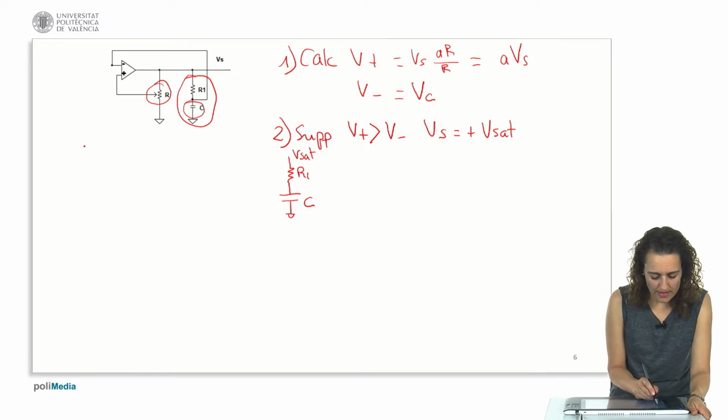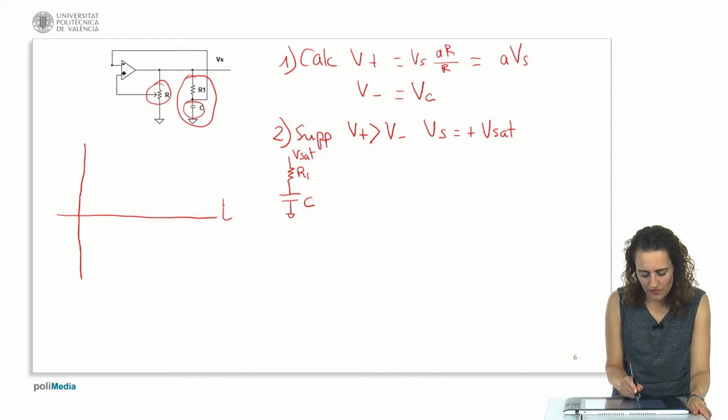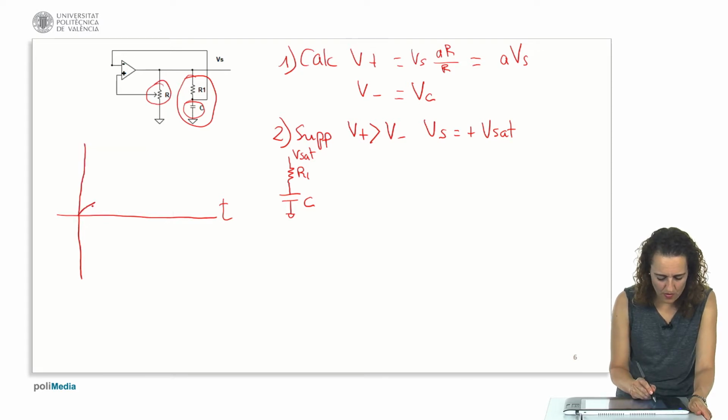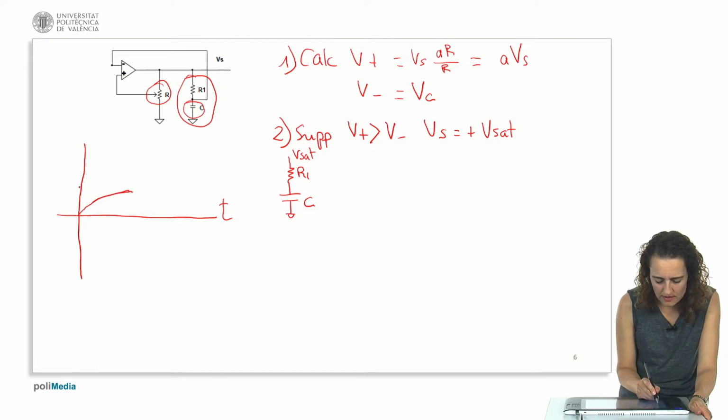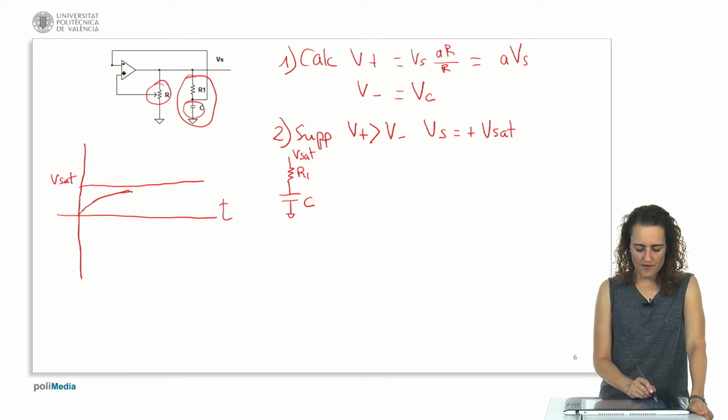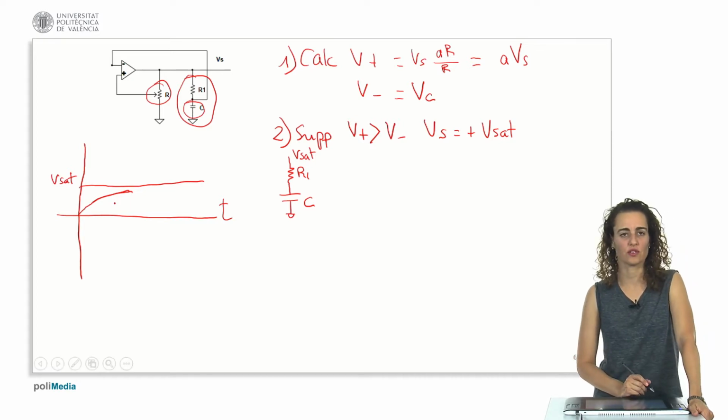If I represent here the time evolution of the voltage of the capacitor, I will start from 0 and then have a progressive, exponential charge of the capacitor toward the saturation voltage. So Vc, which is V minus, is increasing toward the saturation voltage.